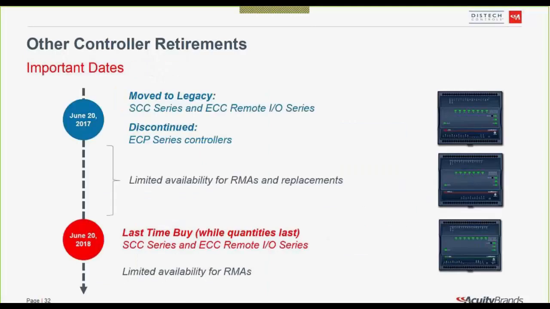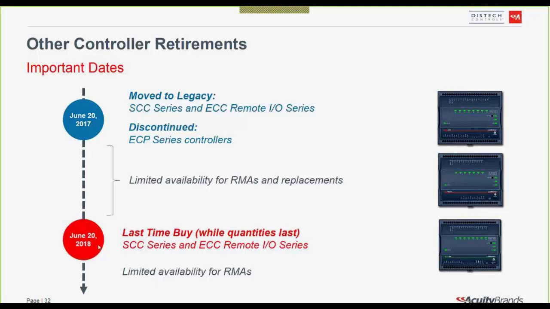So again, just like with the VAV, important dates to take note of: 20th of June 2017, in a couple months, we'll be moving these two series to legacy and discontinuing the ECP series controllers. For the following year after that, there will be a limited availability for RMAs and replacements.